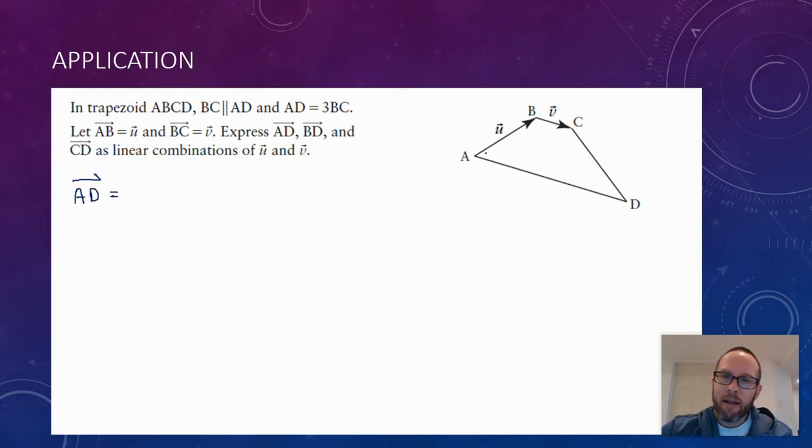So looking at AD, the vector AD is like adding AB plus BC plus CD. It's like going from A to B, and then B to C, and then from C to D. If you remember, we had our little rule where AB plus BC, the B's cancel, gives you AC. AC plus CD, the C's cancel, you get AD.